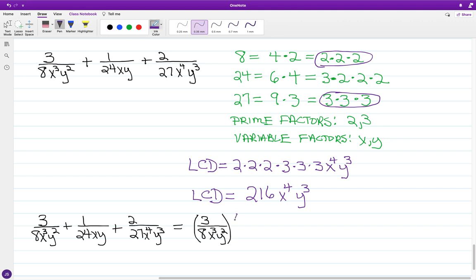In making the adjustments with the first ratio, 8 will go into 216. If I divide 216 by 8, that's 27. As for the variables, if I take x cubed into x to the 4th, I still have a degree in x remaining. And if I take y squared into y cubed, I still have a degree in y left over. So I'm multiplying the first ratio by 1 in the form of 27xy over itself. Again, 8 into 216 is 27, x cubed into x to the 4th is x, and y squared into y cubed is y.